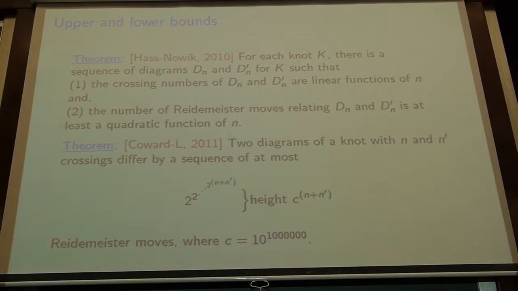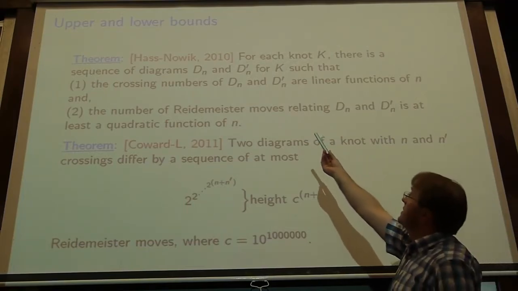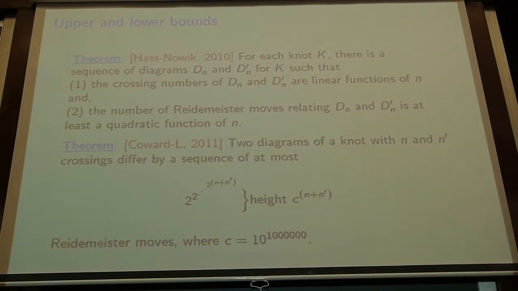But what if you want to go back to say just the trefoil? It's a good question. What happens if I had just fixed the knot type, instead of dn prime, say d prime? Not independent of n. But if that wasn't quadratic, then yes, of course, you could go from one to the other. Yeah. Thanks.